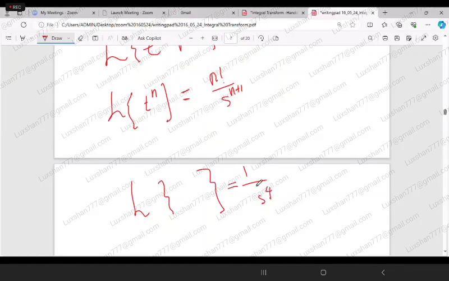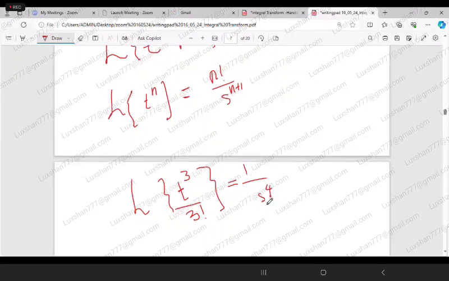So the value of n is equal to 3. Therefore, this will be t to the power 3, but here we should have n factorial, that means 3 factorial, but we have 1 only. Therefore, this is divided by 3 factorial. So the Laplace transform of t to the power 3 over 3 factorial is equal to 1 over s to the power 4.